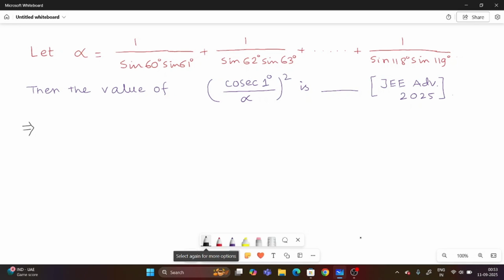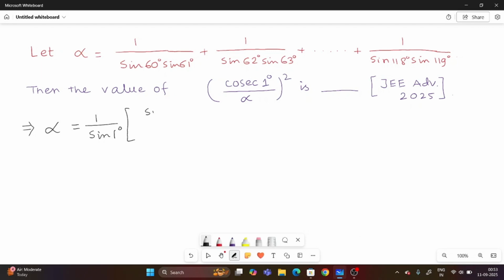So alpha is equal to, we can write it, 1 by sin 1 degree. That means we are dividing the whole expression by sin 1 degree. Since we are dividing by sin 1, we have to multiply each term by sin 1 degree.